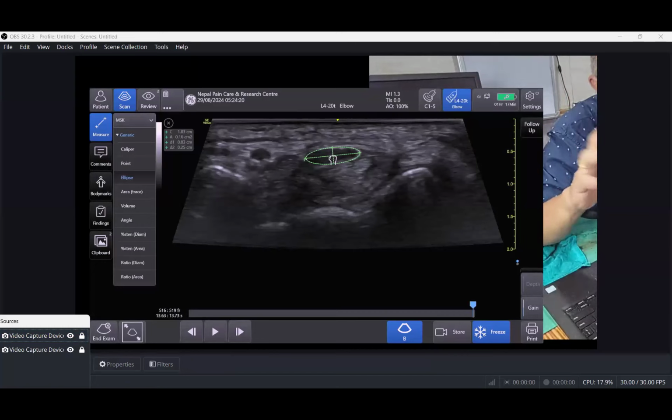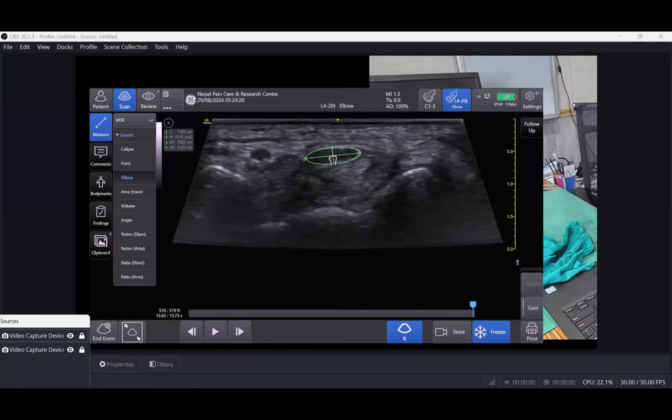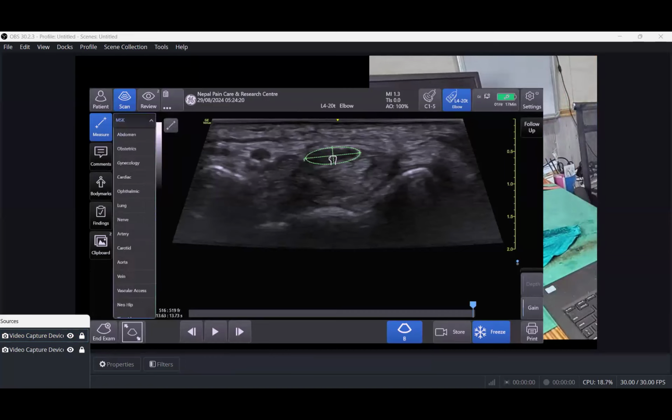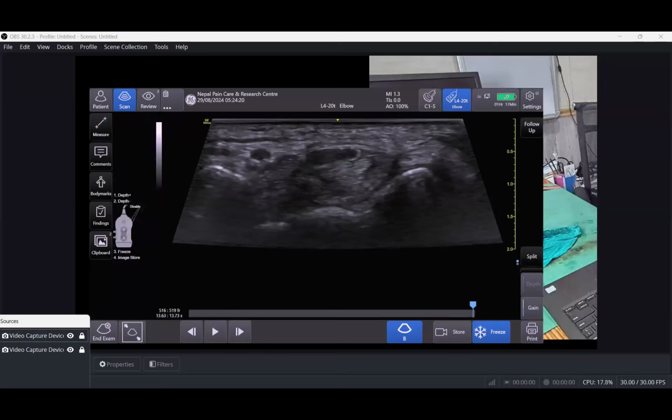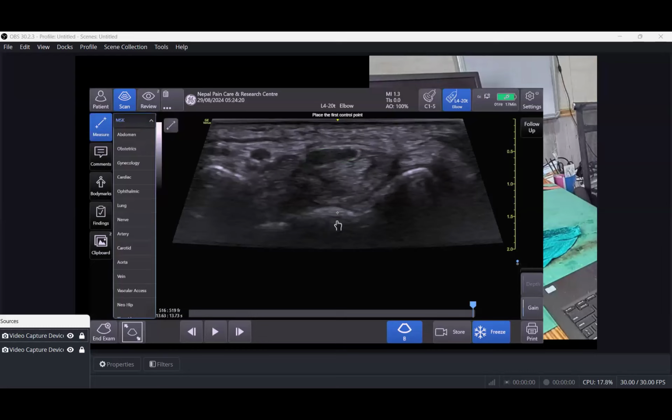That's why I'm showing you in my own picture. So this is basically diagnostic for carpal tunnel syndrome. You can measure like this with the ellipse formula, or you can also use another method. You can trace the area.